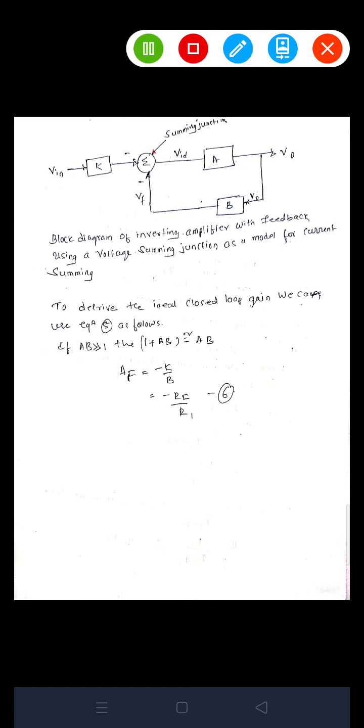When AB is very much greater than 1, then 1 plus AB is nearly equal to AB, and hence our feedback gain is equal to minus K by B, which is nothing but rf by r1. That is equation number 6 for the ideal case. This is regarding the closed loop voltage gain.